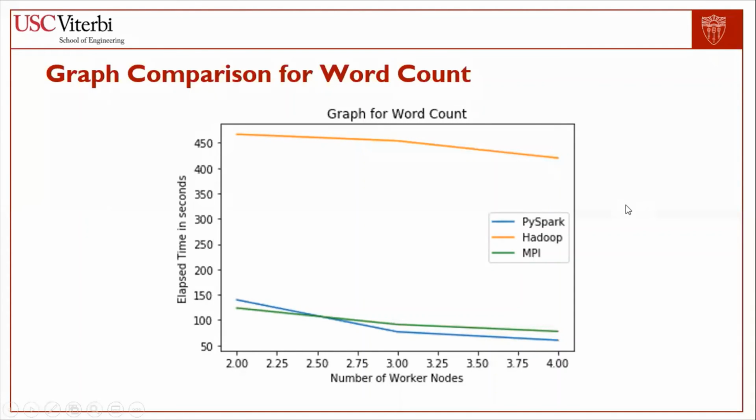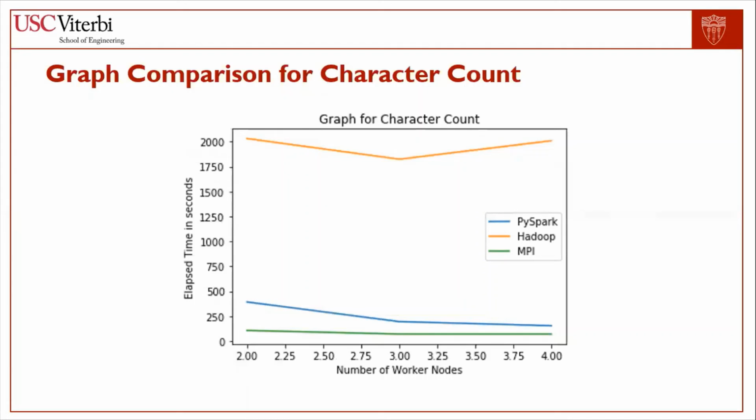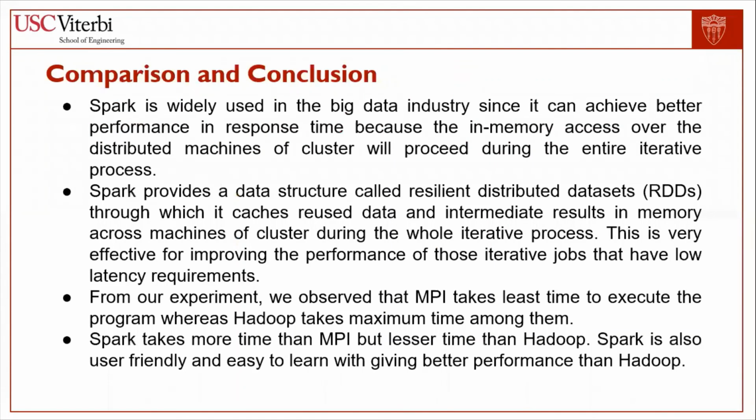So till now we have seen the word count and character count programs for PySpark, Hadoop and MPI, and we have observed that MPI took the least time among them, and PySpark is much faster than Hadoop. So here we conclude that Spark is widely used in the big data industry since it can achieve better performance in response time, because of in-memory access over the distributed machines of the cluster during the entire iterative process.